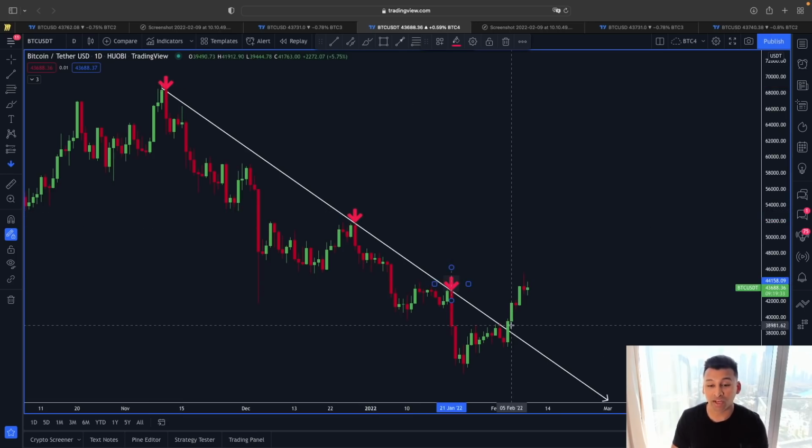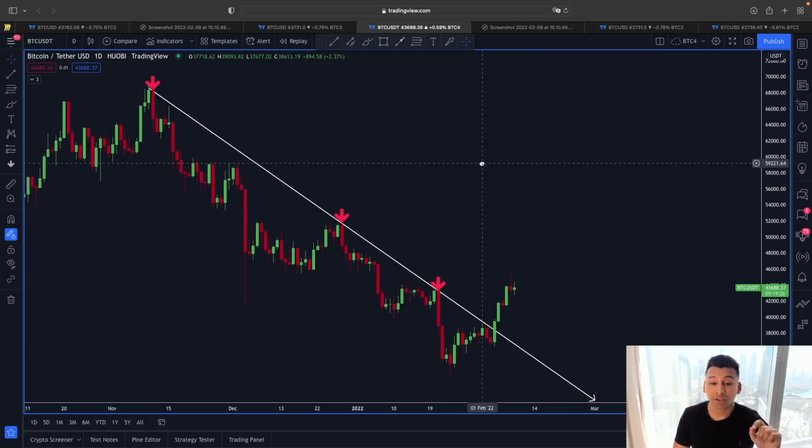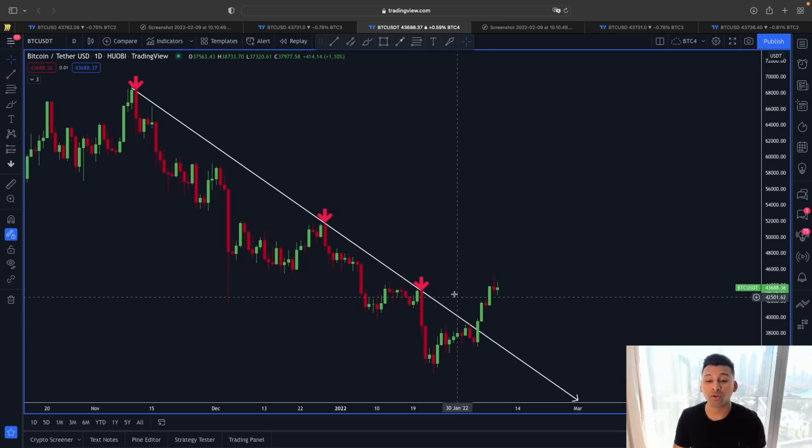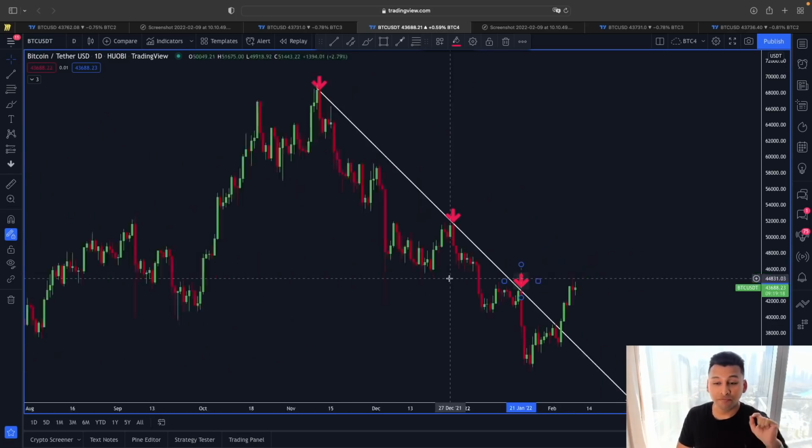Since the price of Bitcoin has already broken out of it, we are showing this bullish movement here to the upside. But why did the price of Bitcoin get rejected around this 45,000 price area? Let me show you in a very simple way.